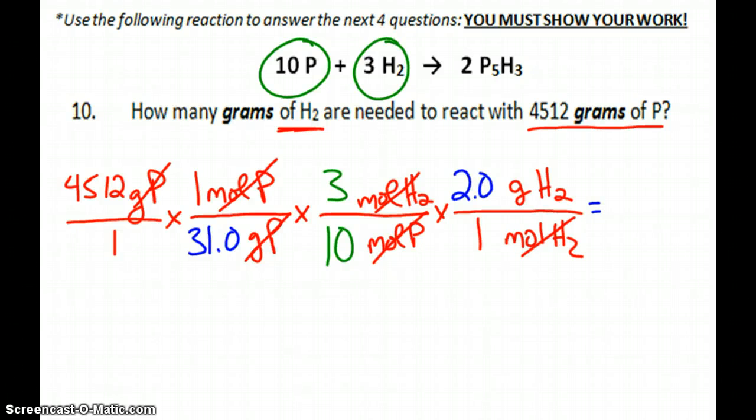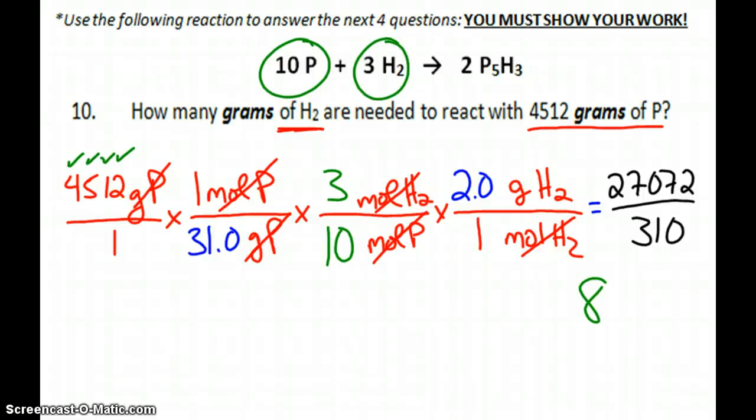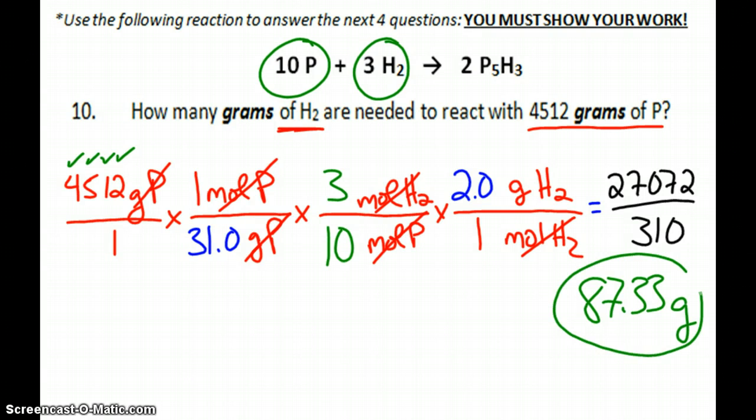All right, so I multiply across the top, 4,512 times 1 times 3 times 2, and I get 27072. On the bottom, 31 times 10 is 310. So when I divide, that's how I get, with proper sig figs, 4 numbers going in, 87.33 grams.